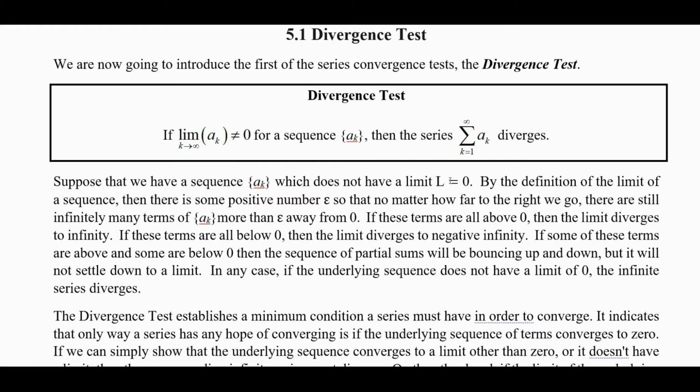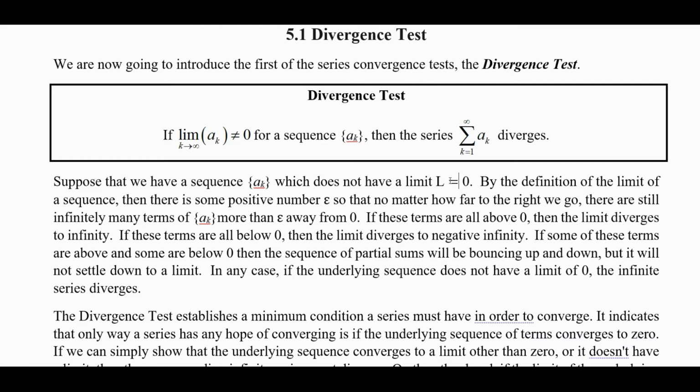If these terms are all above 0, then the series definitely diverges to infinity, because we're adding more than epsilon infinitely many times. If these terms are all below 0, then the series diverges to negative infinity, because we're adding minus epsilon or more infinitely many times.